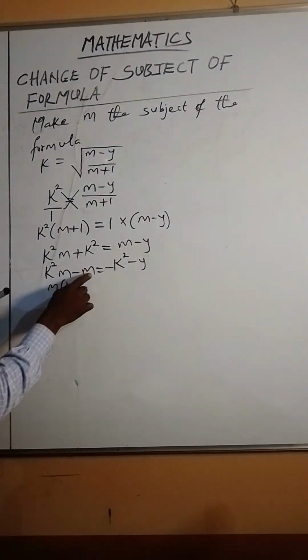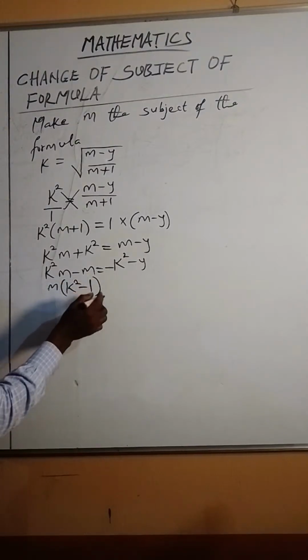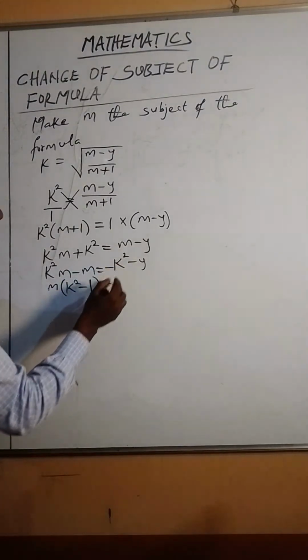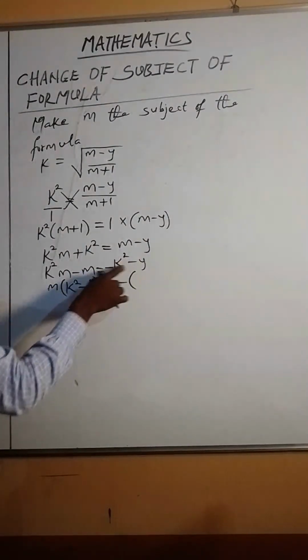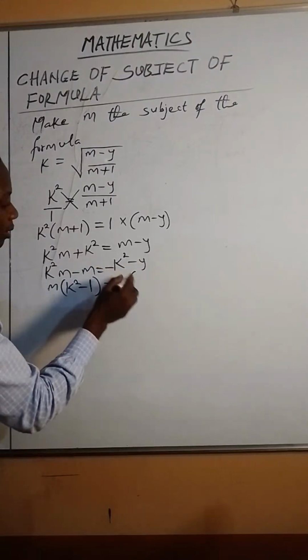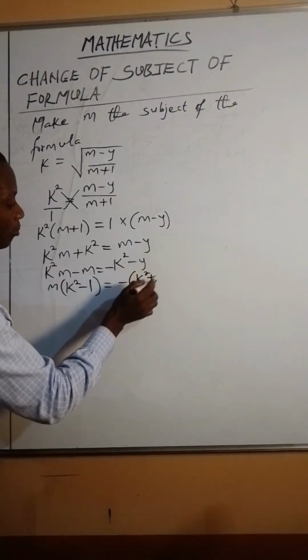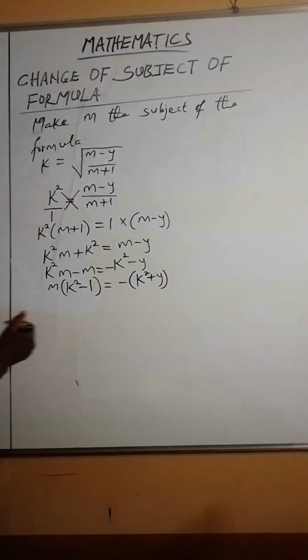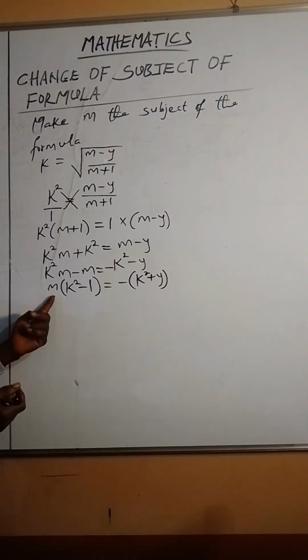Then if you use m to divide this m, we will be left with just 1 here, and that is equals to minus. So we can open our bracket since minus is common. So we have minus here, then inside the bracket we have k square plus y. Then we can divide both sides, and that solves the problem.